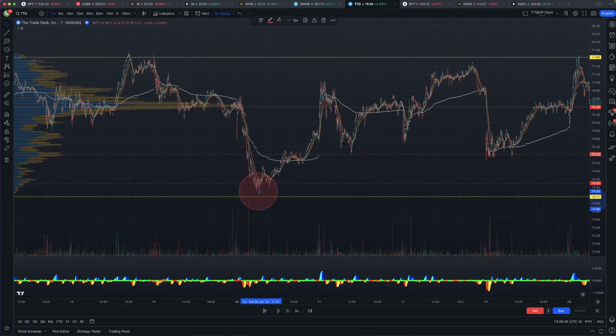Yeah, volume profile in TOS is in studies. And I think it's just labeled volume profile.